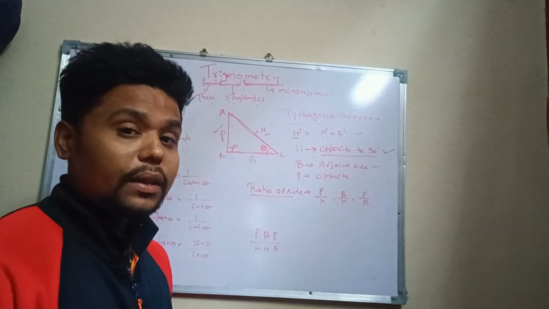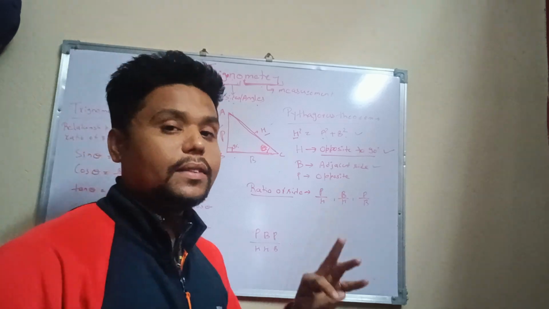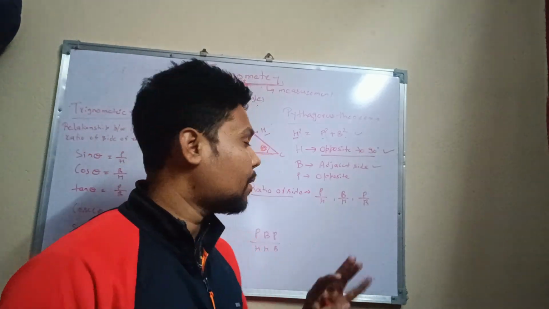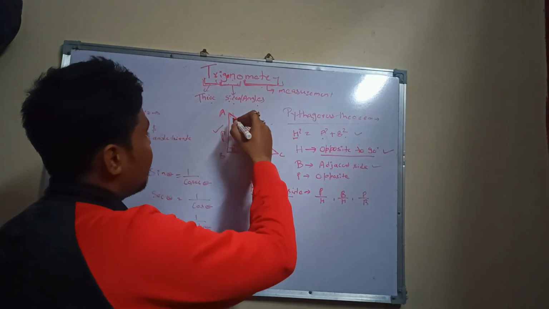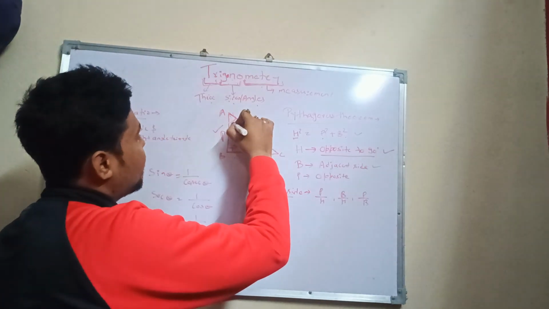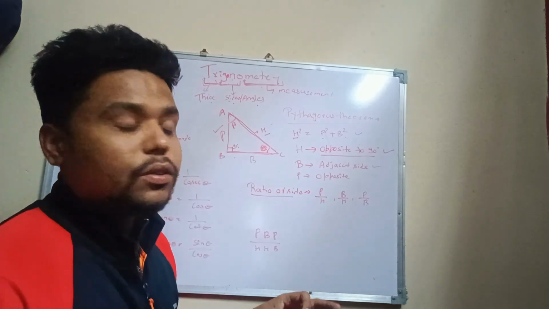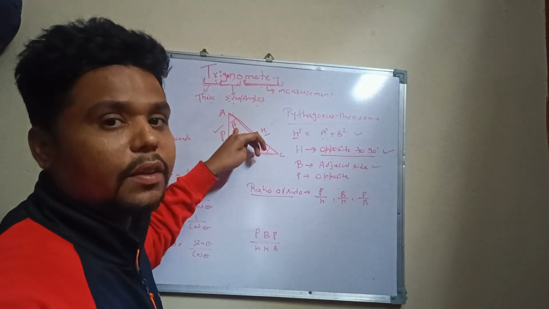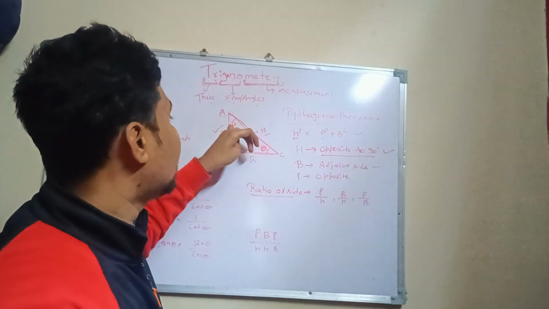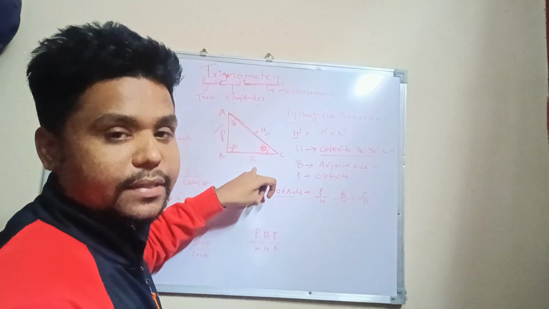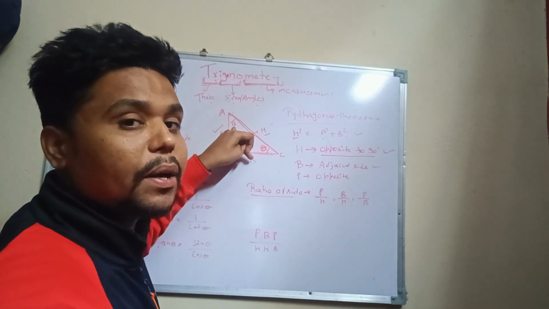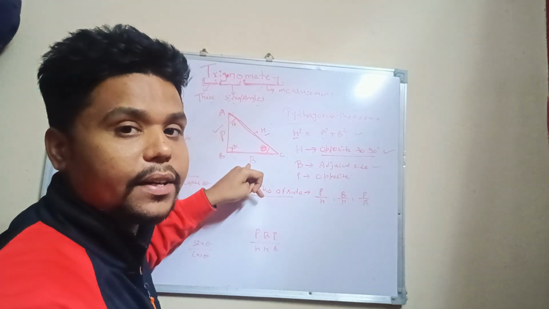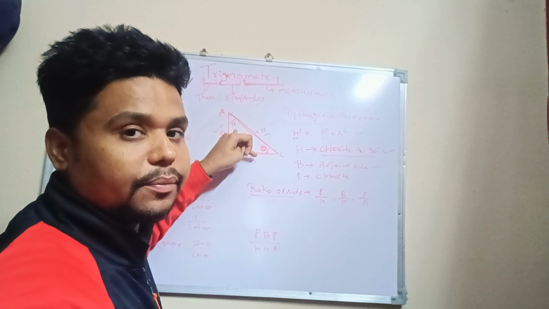The definition of perpendicular and base is the same, but our perpendicular and base change with the angle. Let's say this is another angle, beta. If we consider this angle, then our perpendicular will become BC, because perpendicular is the side opposite to the angle.